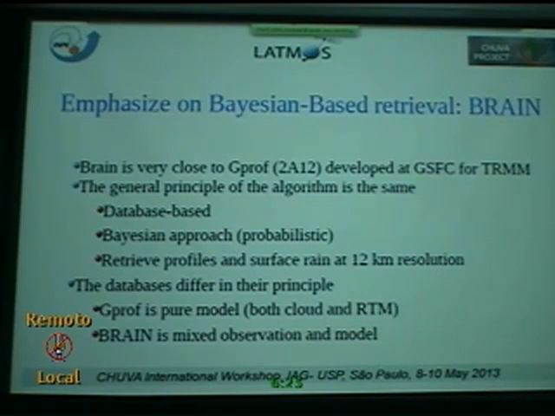We created a version of BRAIN for high resolution in terms of microwave, because we have low frequency channels and high frequency channels. The high frequency channels have 12 kilometer resolution, but the low frequency channels have around 25.